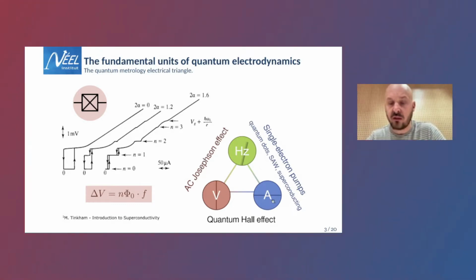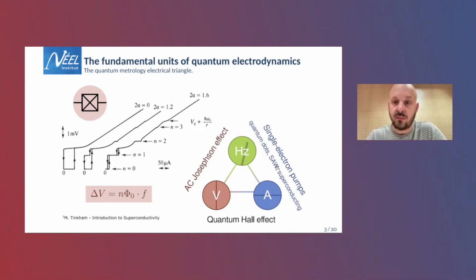Today, I will show you how we could deal with the missing leg, namely linking hertz or frequency and ampere or current. There have been many attempts in the past using single electron pumps in quantum dots, surface acoustic waves, or even superconducting electron pumps. Again, that could be a whole talk.